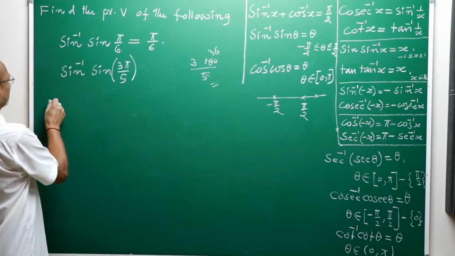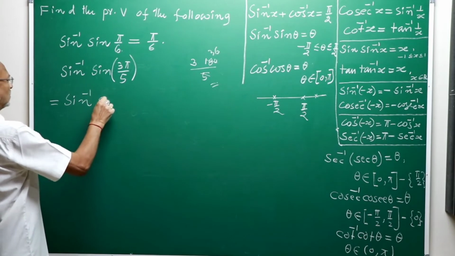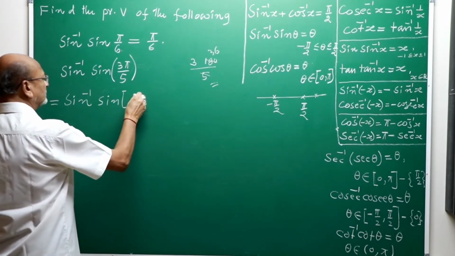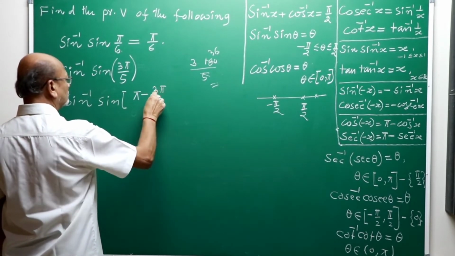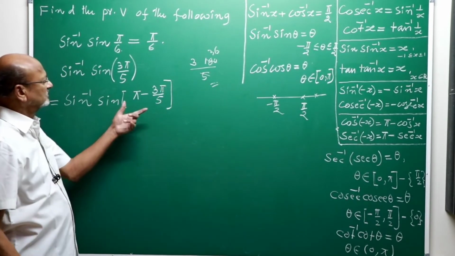Then this can be written as sine inverse of sine, yes friend, it is pi minus 3 pi by 5.